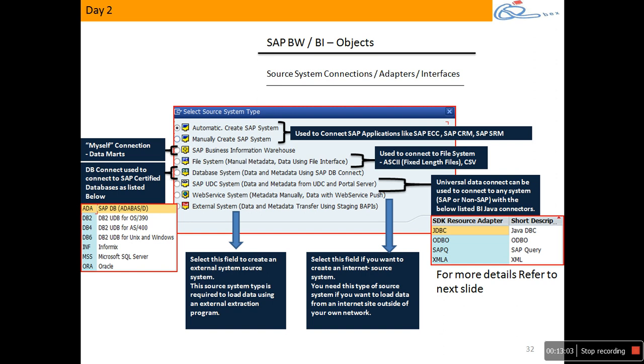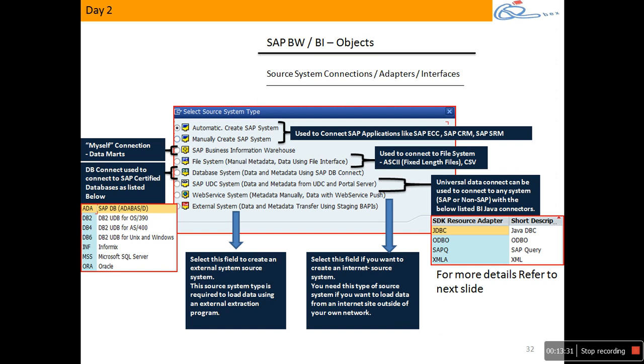So we have different connections or adapters like this given by SAP. Depending on the case, we start choosing among them. When you get to a client at the start of the project, once you understand the landscape, you should be in a position to define: in the landscape we have these 20 applications, so for this application let's use DB Connect, for this let's use SAP connection, for this system let's use UD Connect, for this system let's use web service, for this system let's use third party ETL.